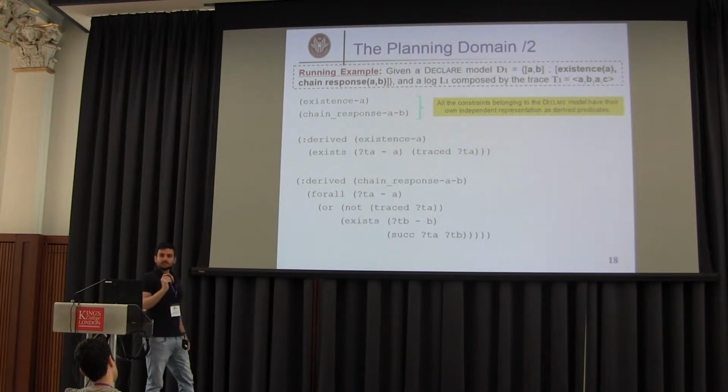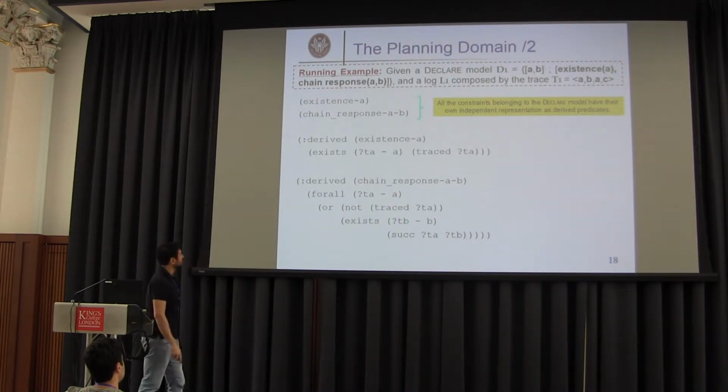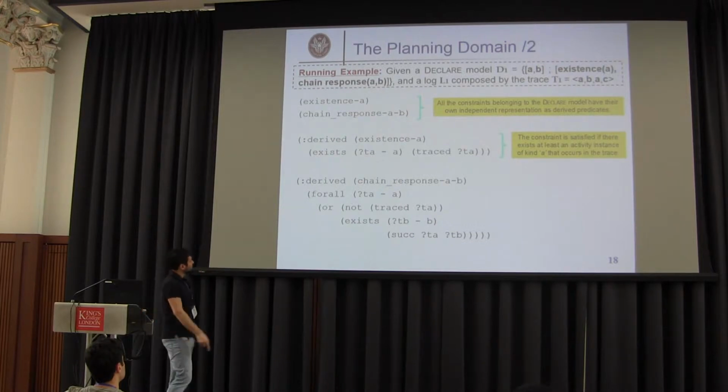All the constraints of the Declare model are represented through derived predicates. For any constraint, we have a different derived predicate that expresses that constraint. For example, for existence of A, we define a derived predicate that says this constraint holds if there exists an instance of kind A such that that instance is in the trace, so it is traced.